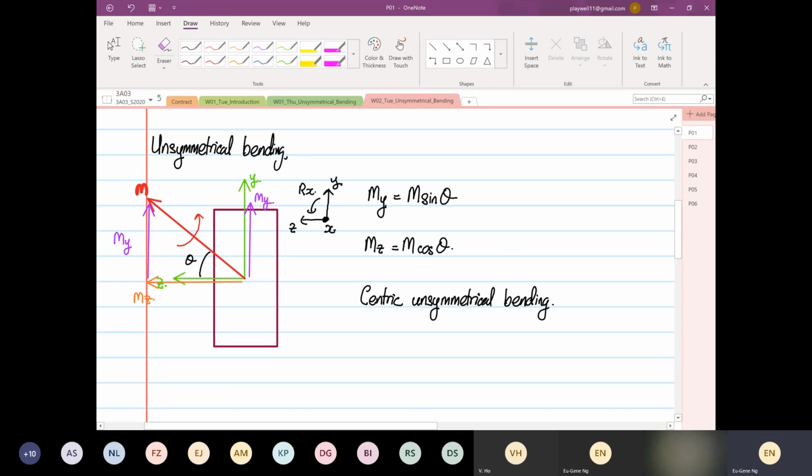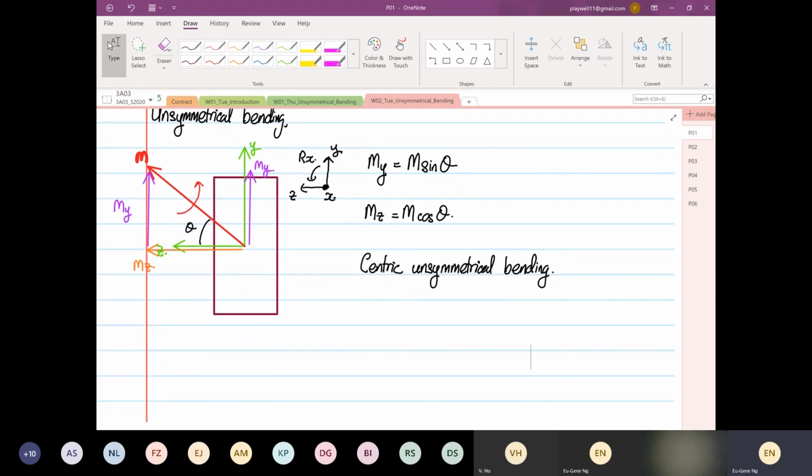So in unsymmetric bending, we are calculating the stress in the X direction, and this will be equal to My over Iyy multiplied by Z, minus Mz over Izz multiplied by Y.